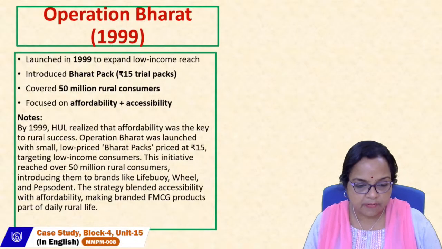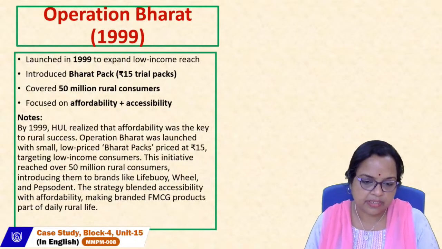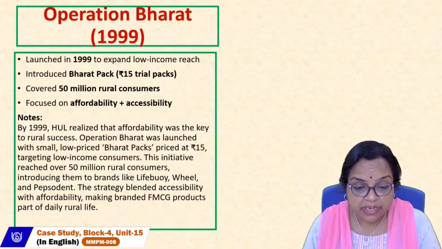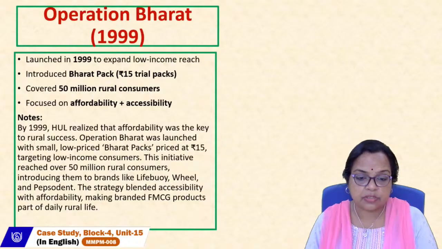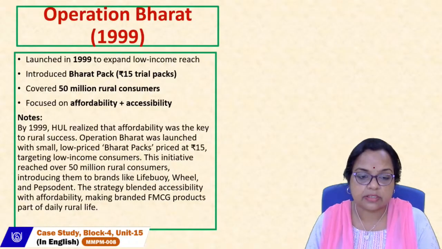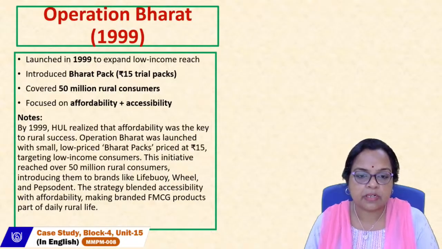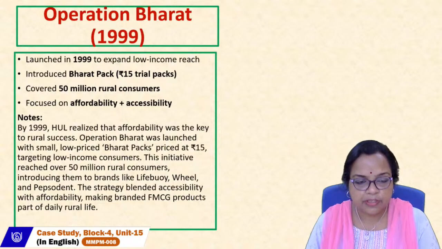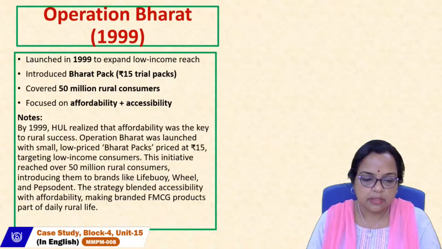So slowly, as they were doing business in rural markets since the 1970s, through many strategies and innovative methods, they understood that for rural markets they needed to introduce products in a low ticket size, matching the pocket size of rural buyers.